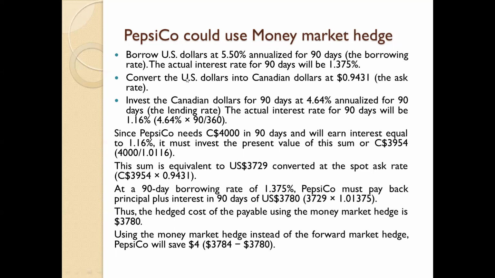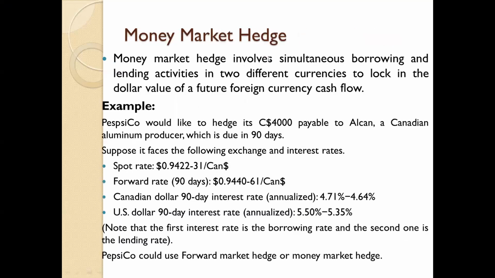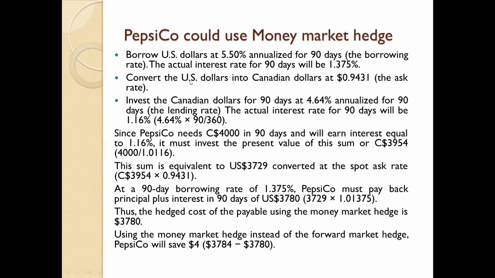For 3 months, that is about 1.375%. That is the borrowing rate. He can then convert that US dollar amount into Canadian dollars using today's spot rate, that is today's ask rate.